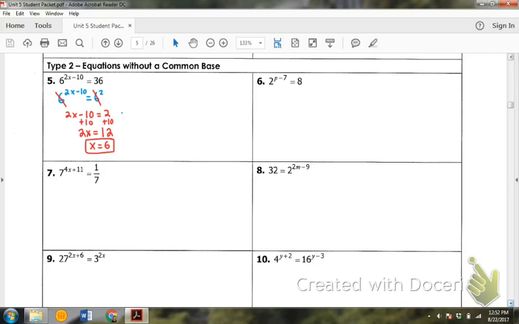So we're going to change our 8 to be 2 to the third power. And now my bases are the same. Add 7 over and you get P to be 10.